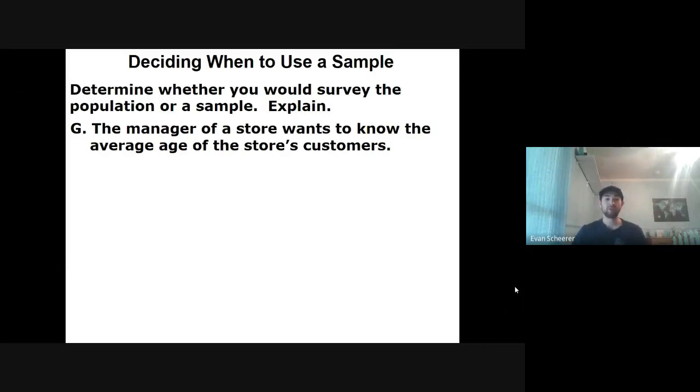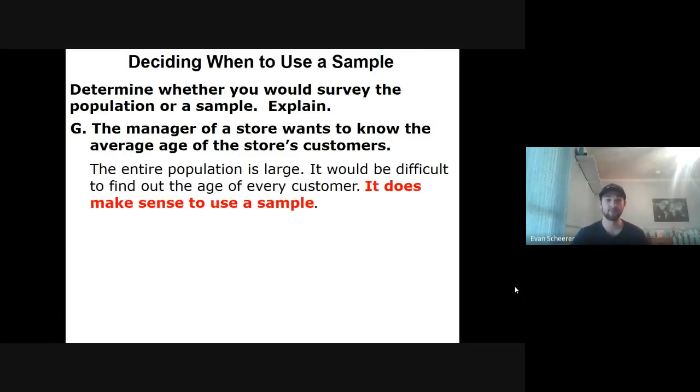Determine whether you would survey the population or a sample. The manager of a store wants to know the average age of the store's customers. Okay? The entire population is large. It would be difficult to find out the age of every single customer, right? Because it says the manager wants to know the average age of the store's customers. So we cannot pick every single customer.